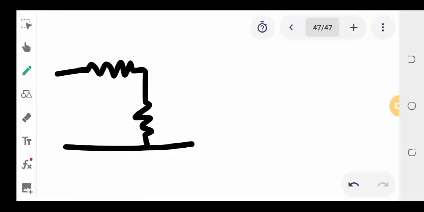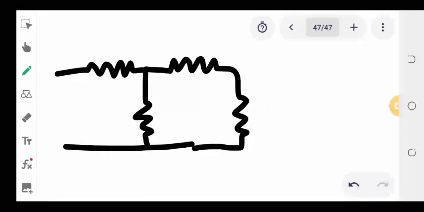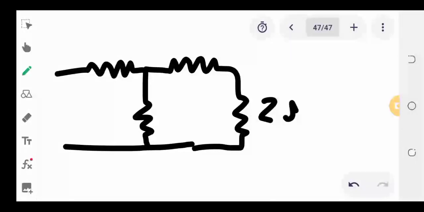So I will draw this. I have got a 1 ohm, and I have got the 2 ohms, the newly calculated resistor.